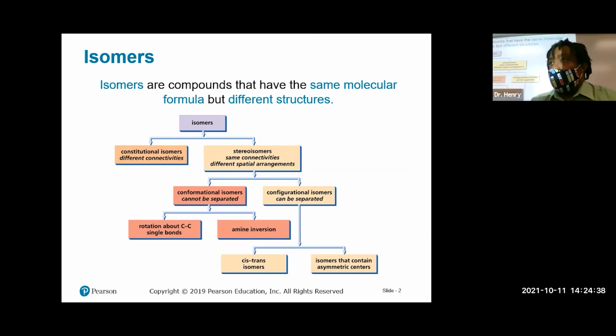Okay, so in the case of the amine group. Configurational isomers, these guys are going to be your cis and your trans. So remember, cis meaning the same side, trans meaning across. And then you're also going to talk about isomers that contain asymmetry centers. And so we'll talk about all of these in this chapter.